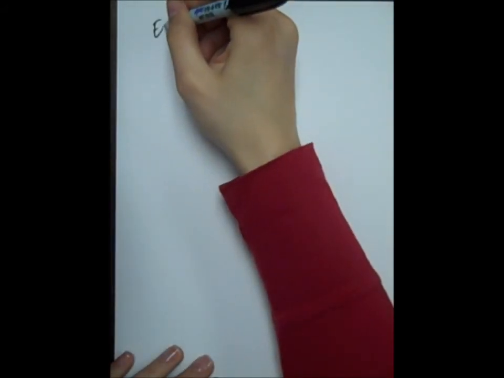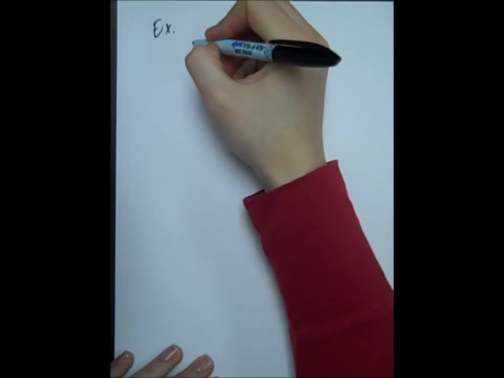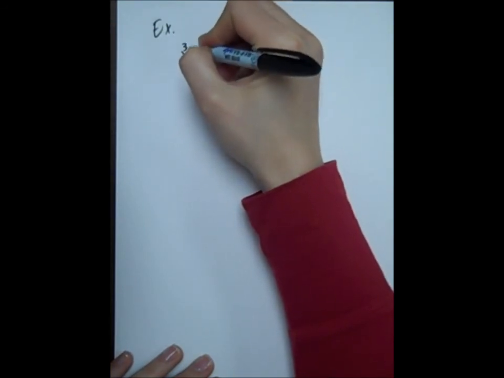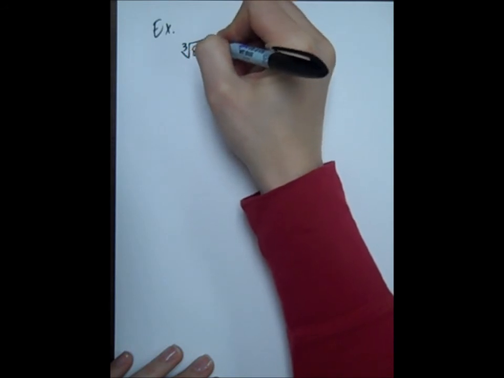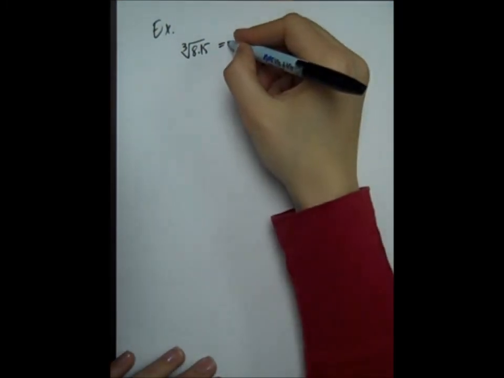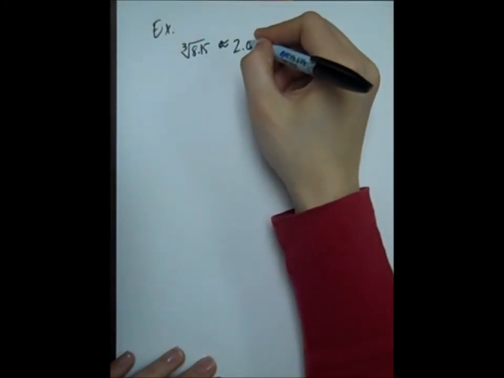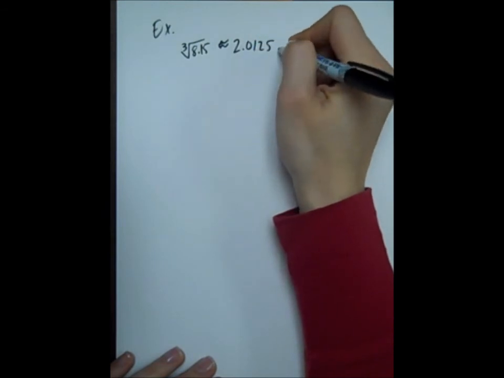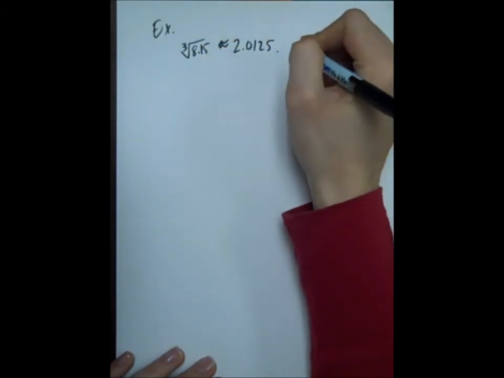So let's do another one of these. The example that we did, we said that the cube root of 8.15 was about 2, but it wasn't quite 2. It was approximately 2.0125. And I want to know what's the error.